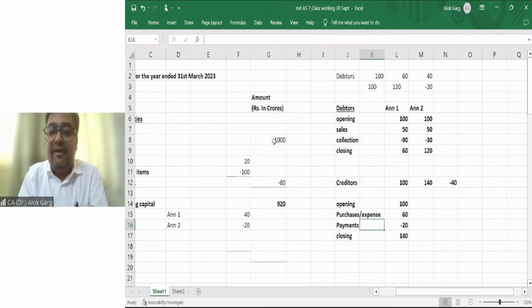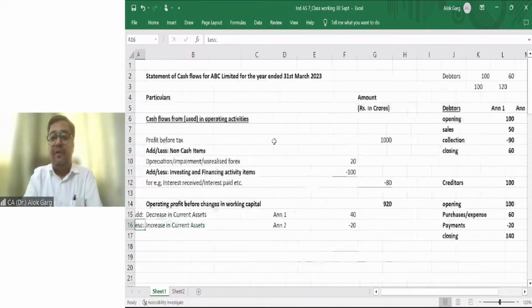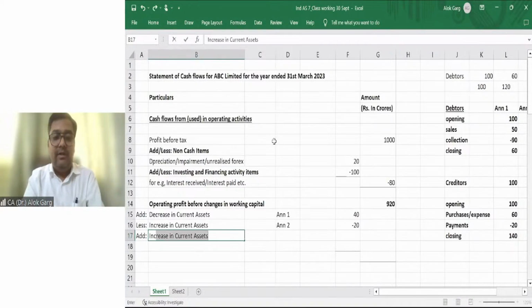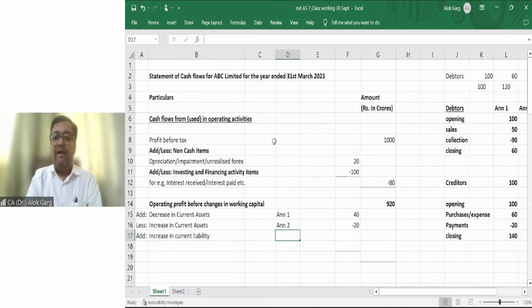So that is why, friends, whenever there is an increase in current liability, what are you required to do? Increase in current liability. You have to add or you have to less.